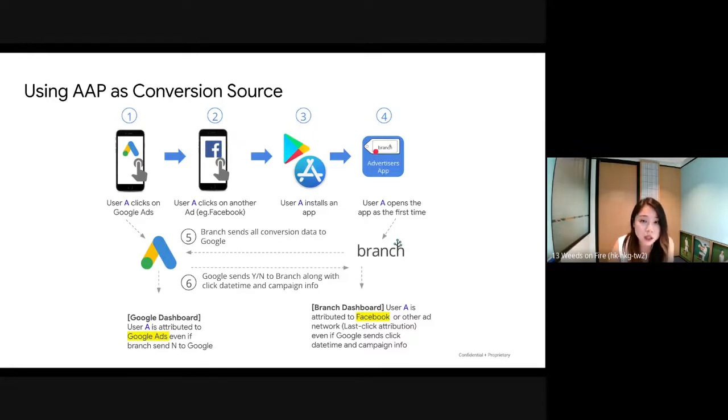And so the other platforms, the MMPs, will look at the cross-channel methods and are able to provide these postbacks or data to Google after the user actually opens the app. So that's where this step of sending this information comes from.